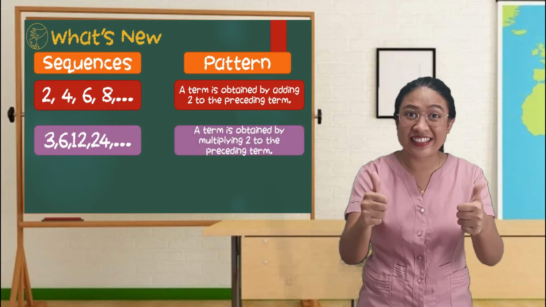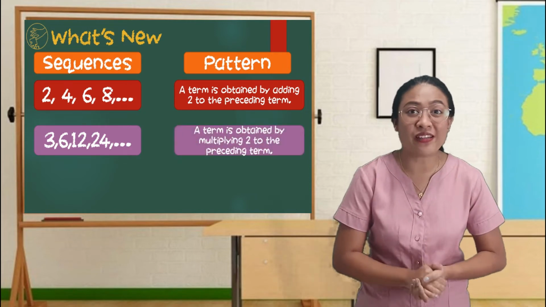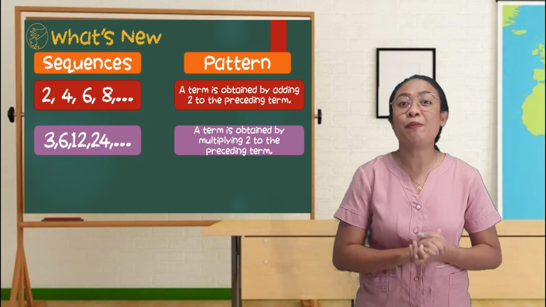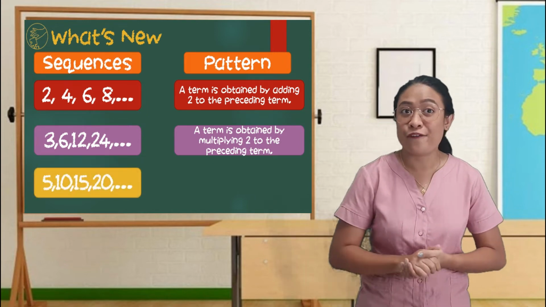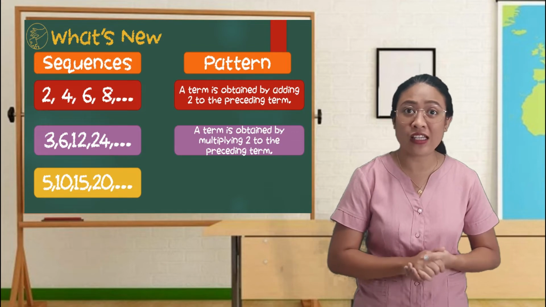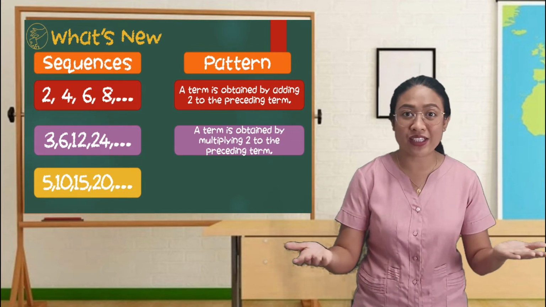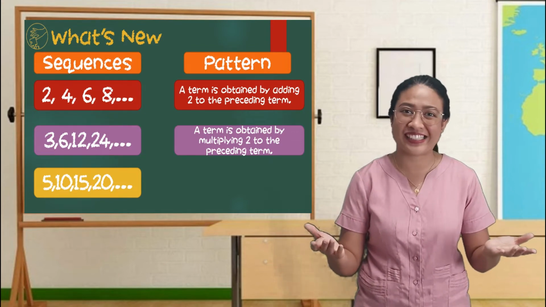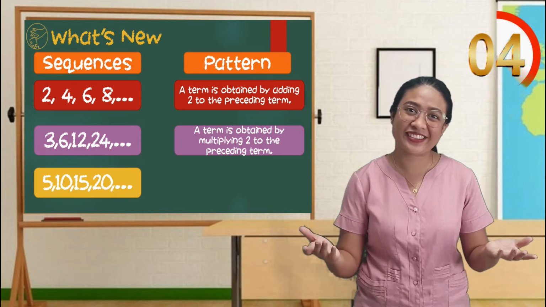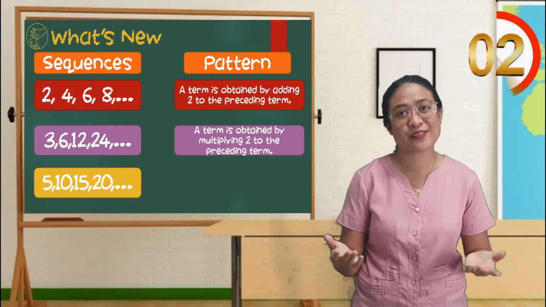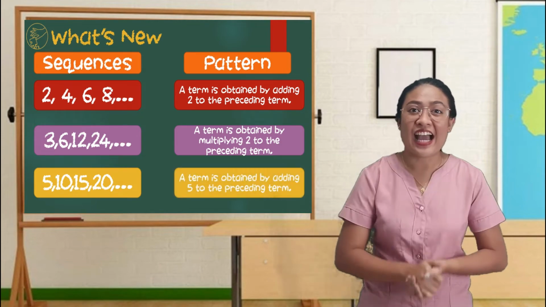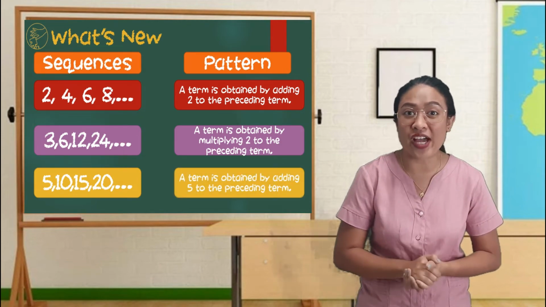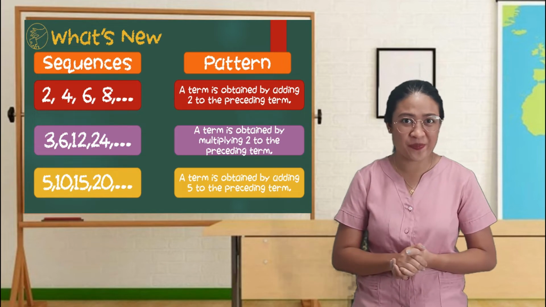Very good! A term is obtained by multiplying 2 to the preceding term. How about the third example? 5, 10, 15, 20. What pattern can you observe in the sequence? Very good! A term is obtained by adding 5 to the preceding term.